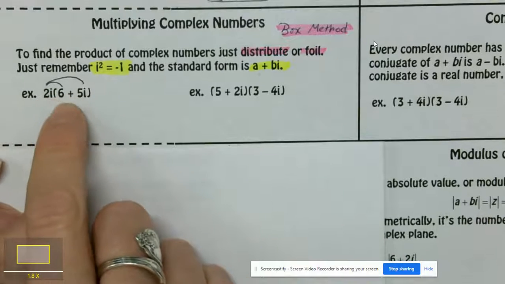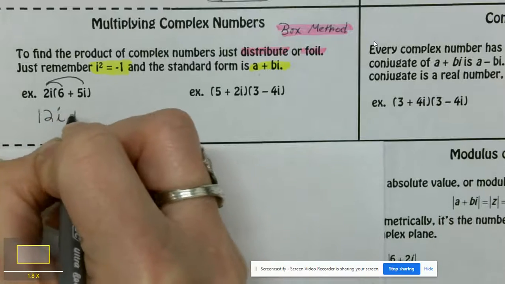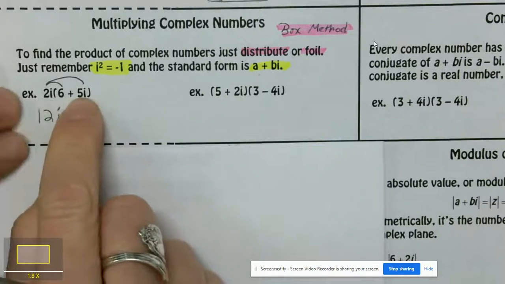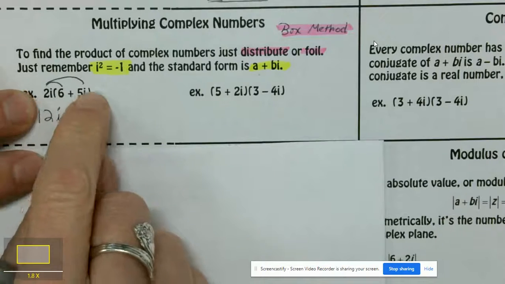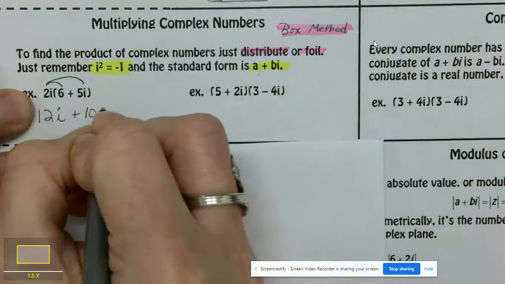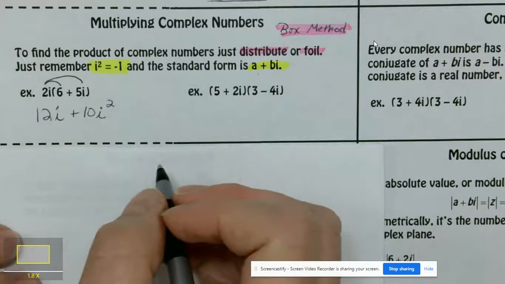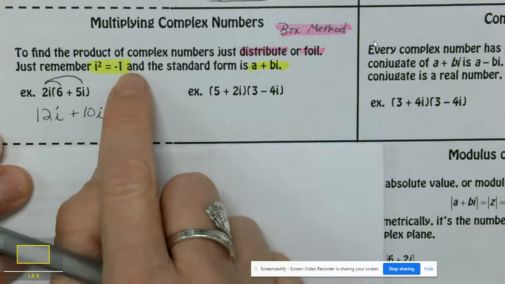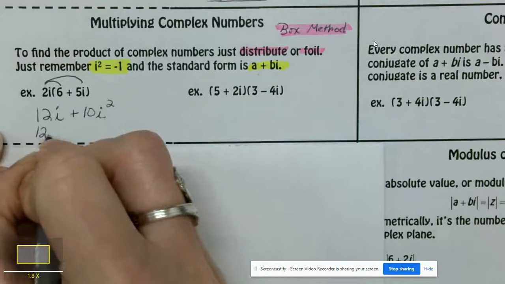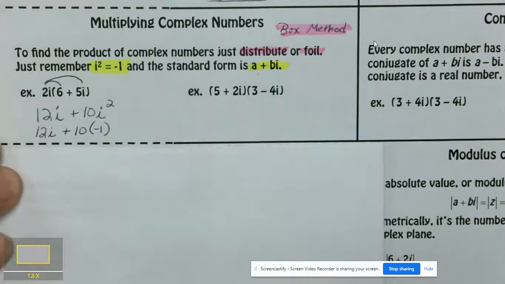So 2i times 6 would be 12i plus 2 times 5 is going to be 10, and i times i, remember it acts like a variable, so that's going to be i squared, because x times x equals x squared, so i times i equals i squared. But now remember, up here we just said that i squared equals -1. So I can replace this i squared with a -1.